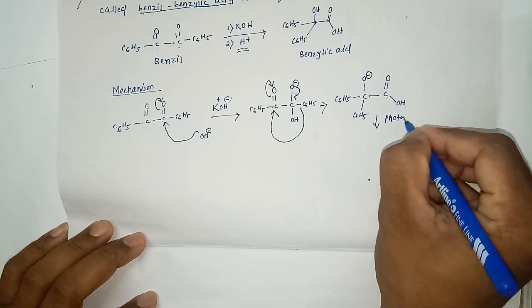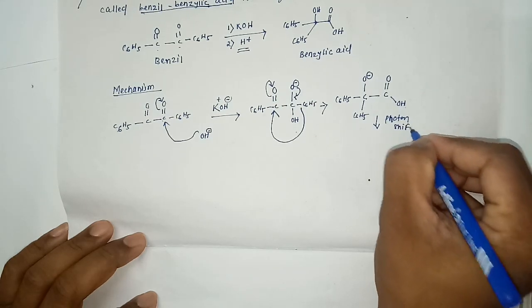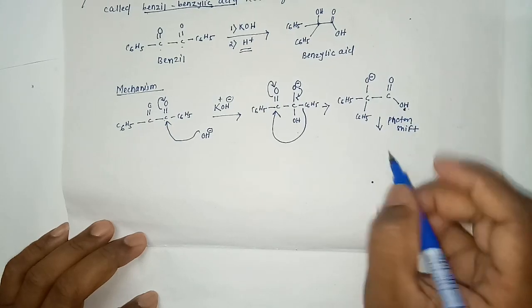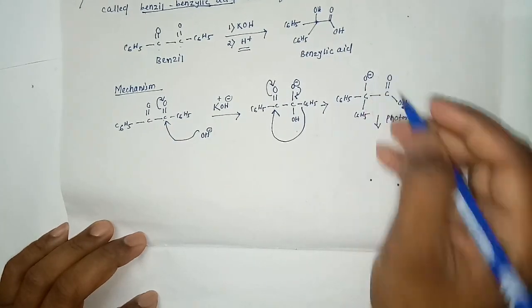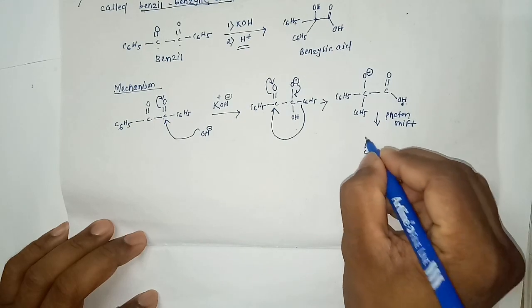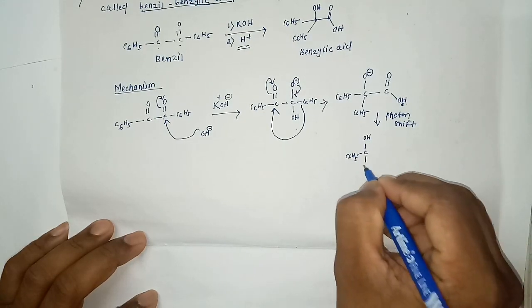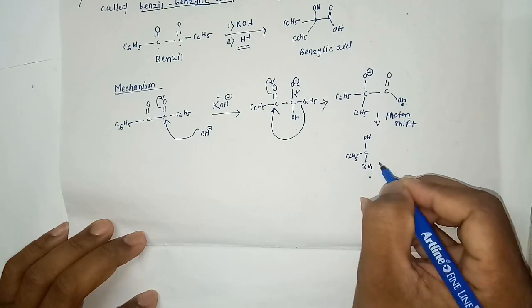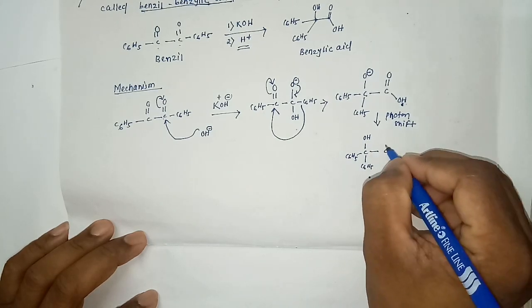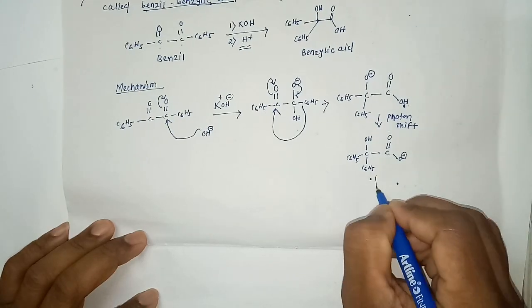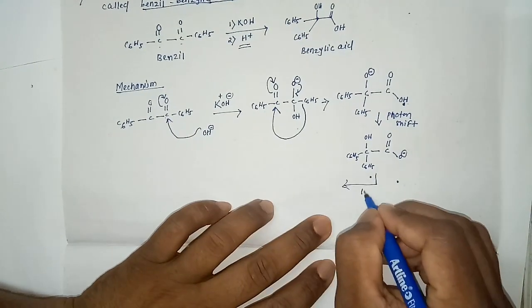We have one proton here, and this proton will shift towards this oxygen. Then we get C-OH, C6H5, C6H5, C=O negative.